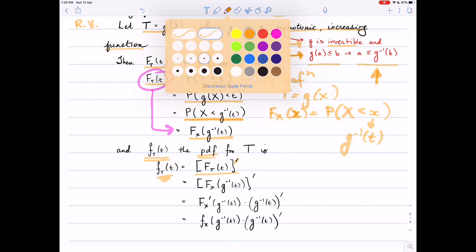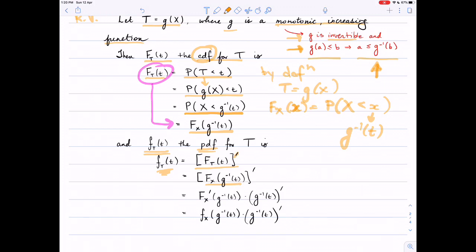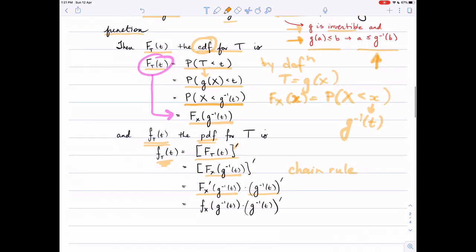So we can replace it by f sub x evaluated at g inverse of t. Then what do we do? We do a chain rule. So that gives me the derivative of big F evaluated at the inside function times the derivative of the inside function. Oh, but wait, there is more. The derivative of x's CDF is x's PDF. So f sub x, that's the density of x, evaluated at g inverse of t times g inverse of t prime. So that is the method.